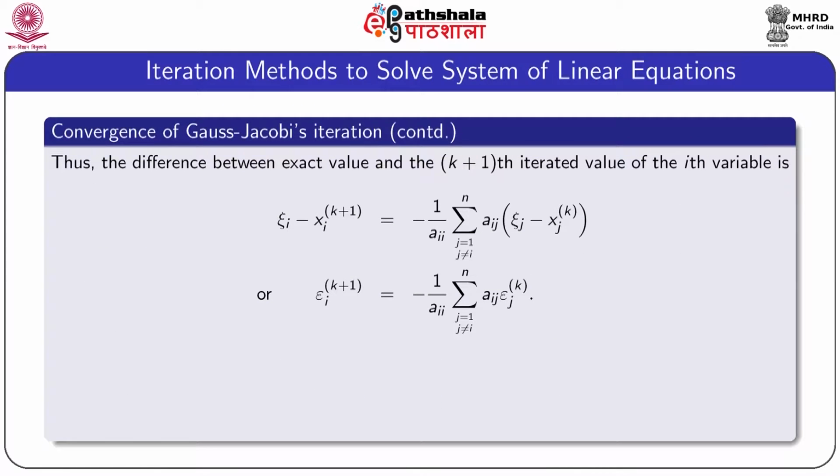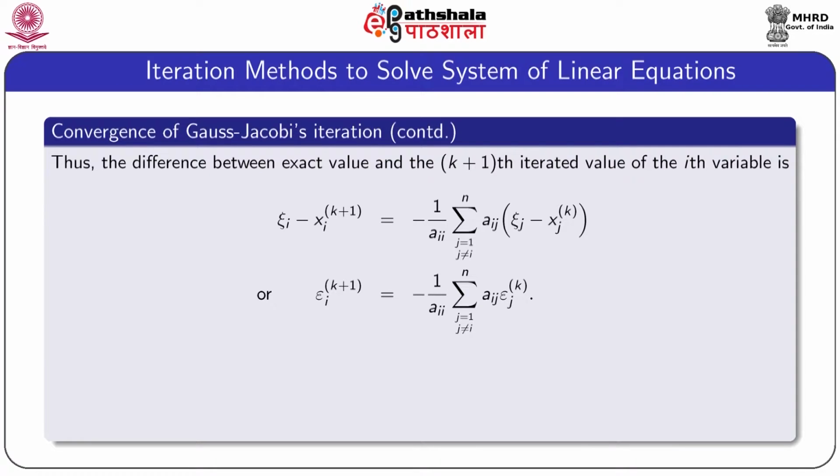Now the difference of these two equations gives the (k+1)th iterated error for the ith variable, and that is xi minus xi^(k+1) equal to minus 1 by aii summation over j equal to 1 to n and j not equal to i, aij (xj minus xj^k). Note that xi minus xi^(k+1) represents the error occurred at the (k+1)th iteration.